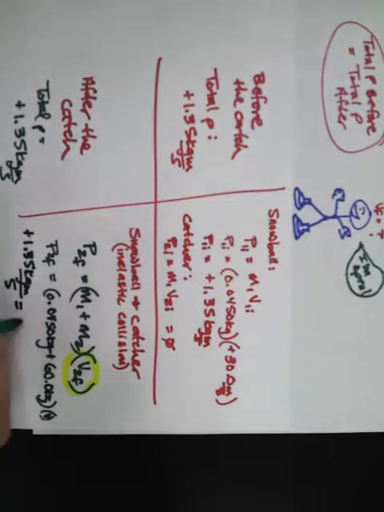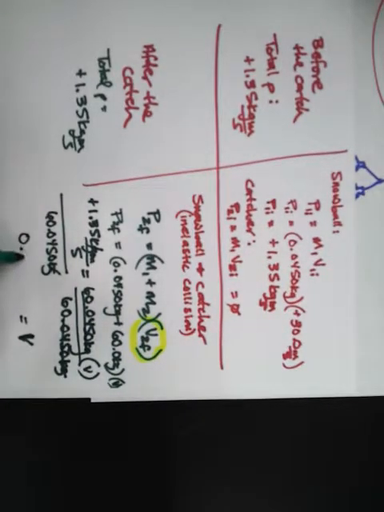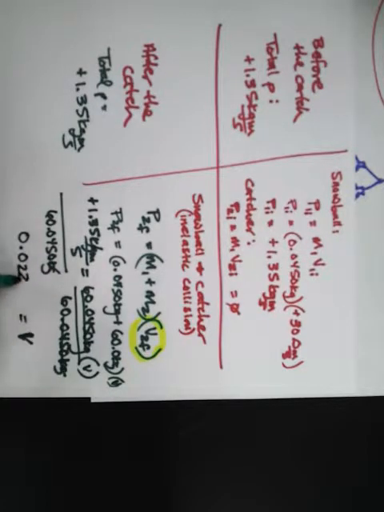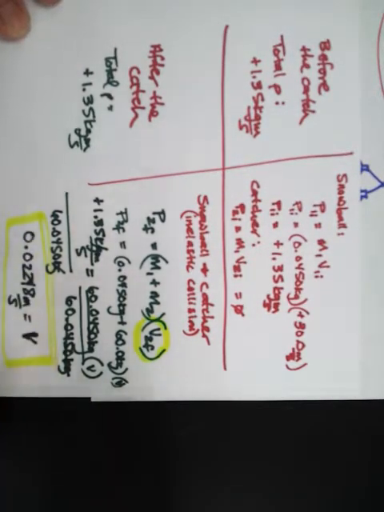This is 60.0450 times V. Divide by 60.0450 kilograms. And that's going to make the velocity very small, 0.02248 meters per second. And this is the velocity of the catcher in this situation.